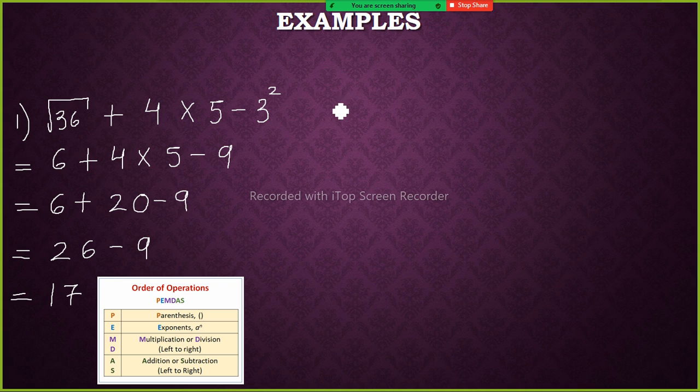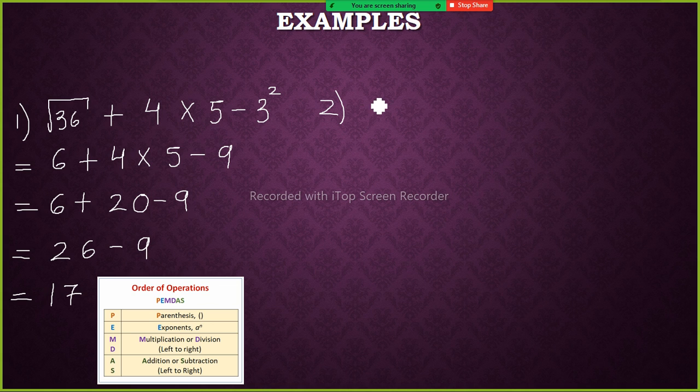Number 2. Maybe when we do it, we get the same answer? No. If we would have added first then multiplied, it would have been wrong. It definitely would have been wrong. So be careful. Keep the order.